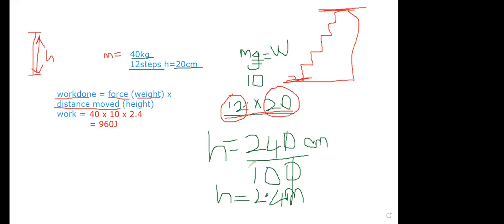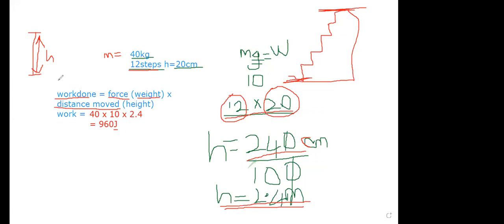So it is 12 times 20, which gave us 240. But they were 240 centimeters, and we had to change them to meters. Why do we change to meters? Because the distance in the formula for work done must be in meters for the work to be in joules. That's why we changed to meters, and we got our total height for all the 12 steps as 2.4 meters.